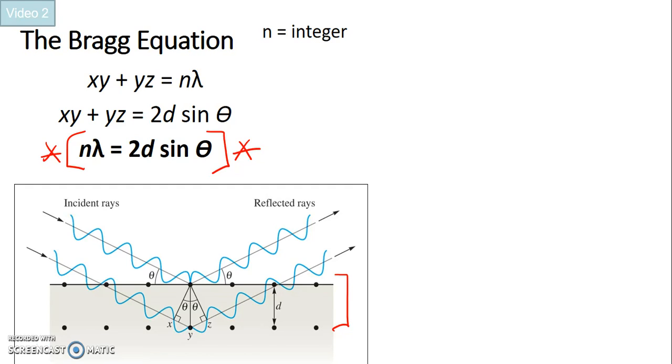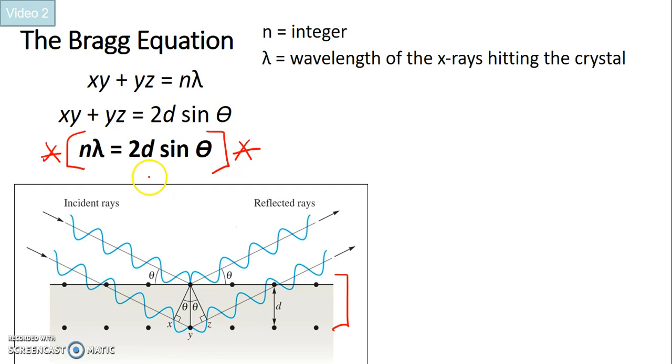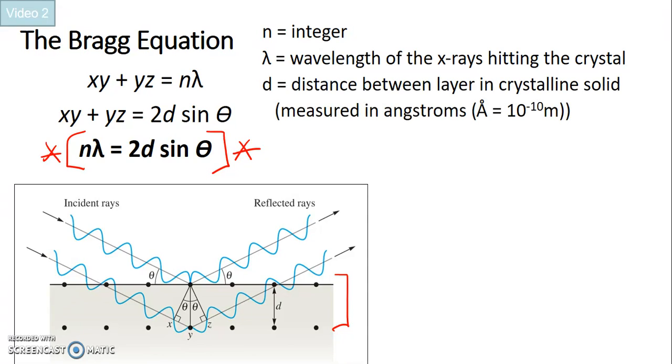It's not something that you need to memorize. Lambda, the next variable, is the wavelength of the X-rays hitting the crystal. Now that's something that the scientists would have to set on the X-ray diffraction machine, so that could be something that you are given or solving for. As I mentioned, d stands for the distance between the layers in the crystalline solid, and it's often measured in angstroms.